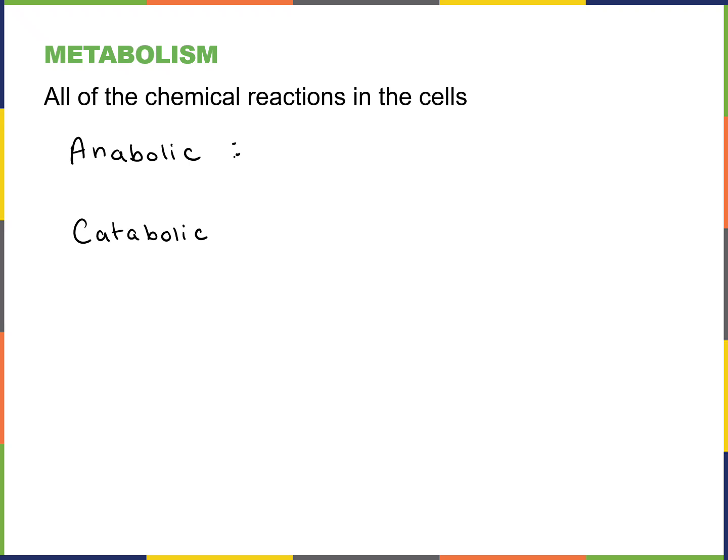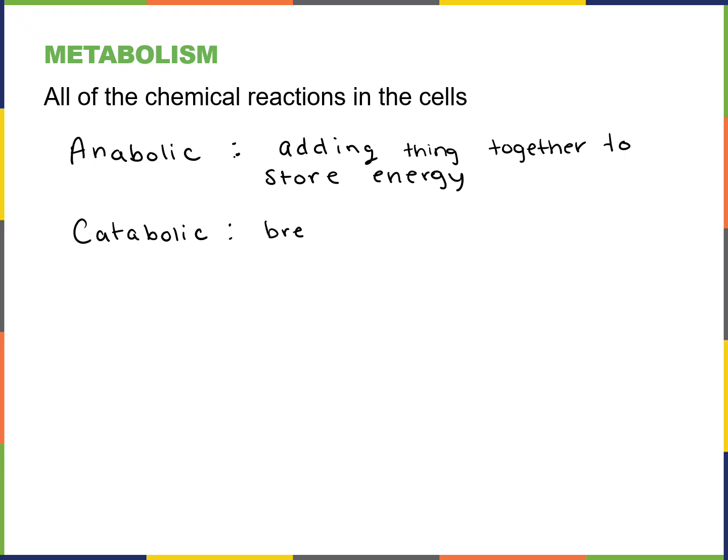Anabolic metabolism is the process of adding things together to store energy. And catabolism is breaking things apart to release energy.